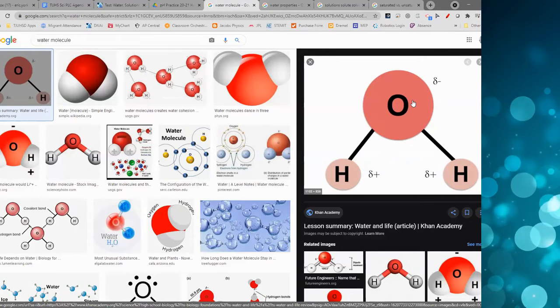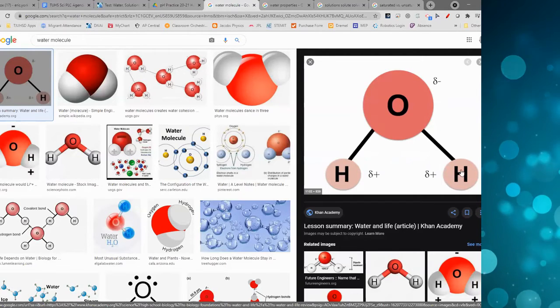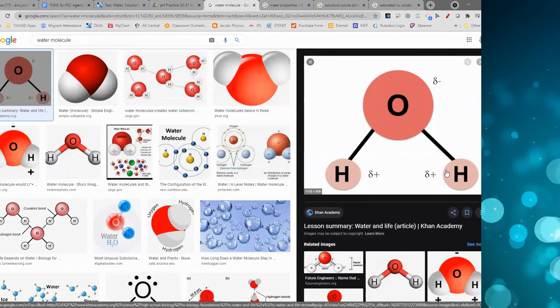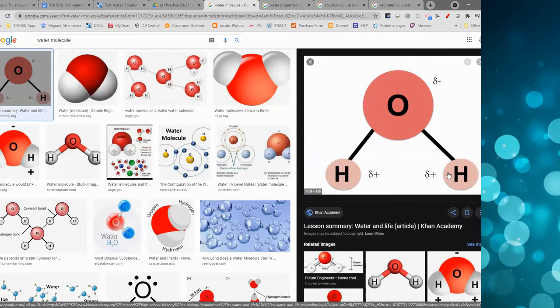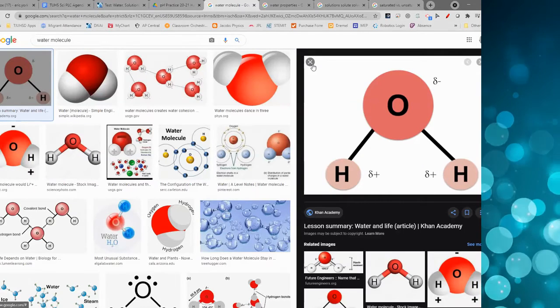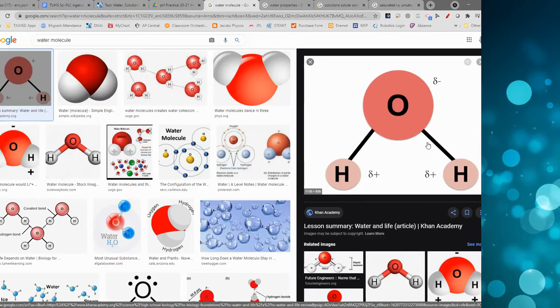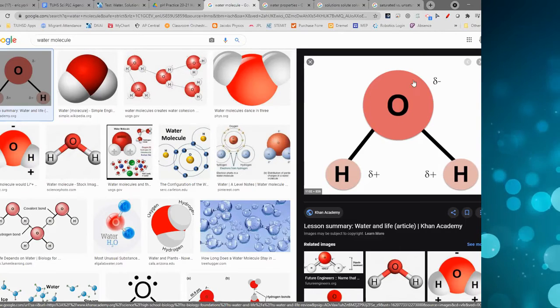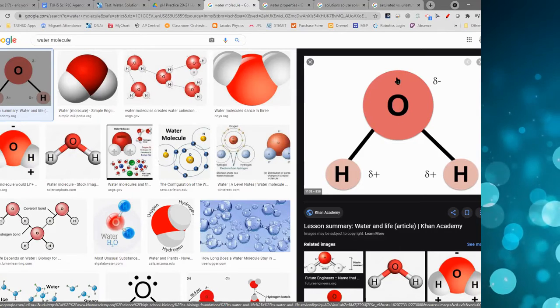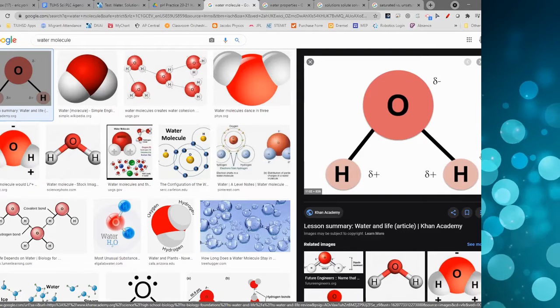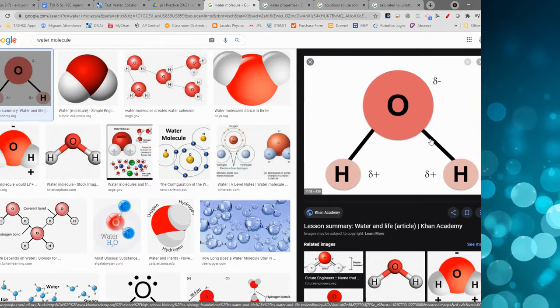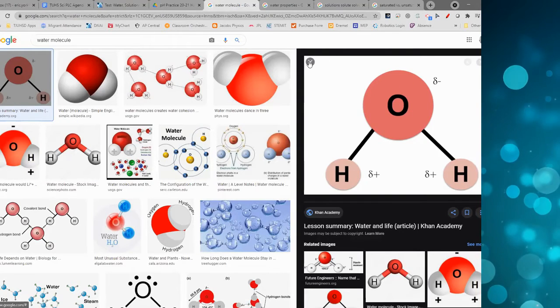So oxygen will have a partial negative charge. Hydrogen will have a partial positive charge. What this does is cause water to be polar, meaning one side is partially negative, one side is partially positive, so this creates a polar molecule.